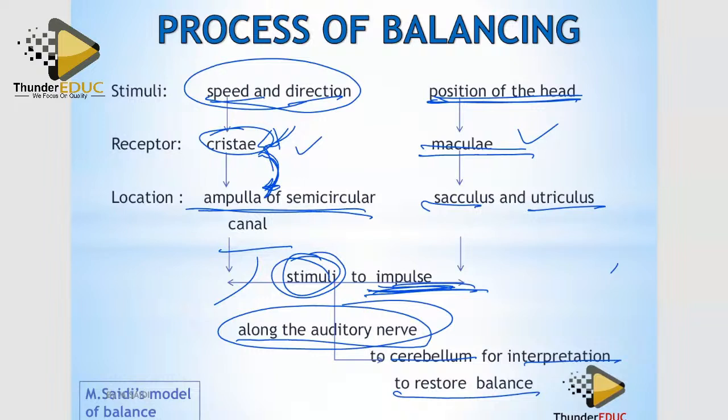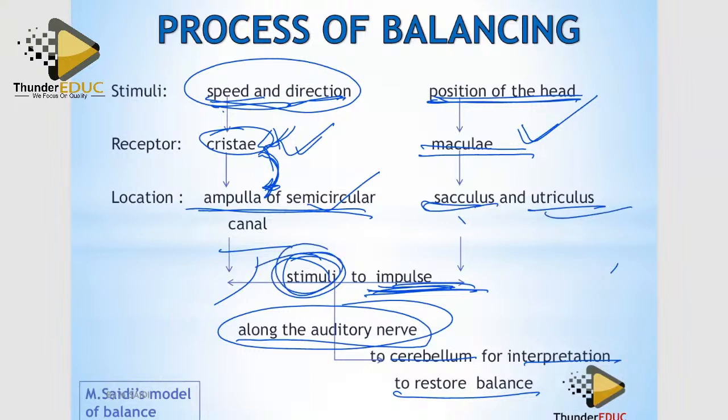So your job is to know these words. Change in the speed and direction of the head will stimulate the cristae found in the ampulla of the semicircular canal. Change in the position of the head will stimulate the maculae found in the circulus and utriculus.